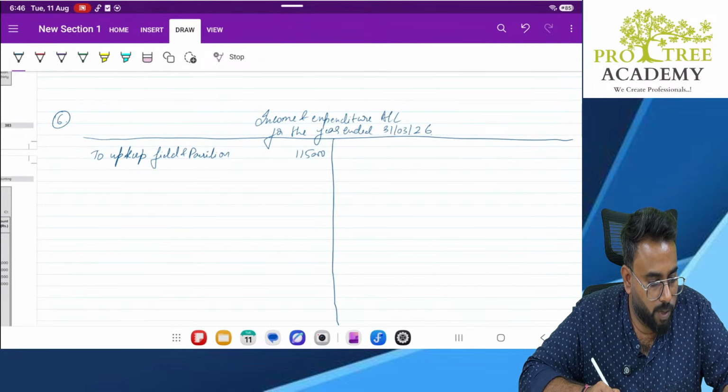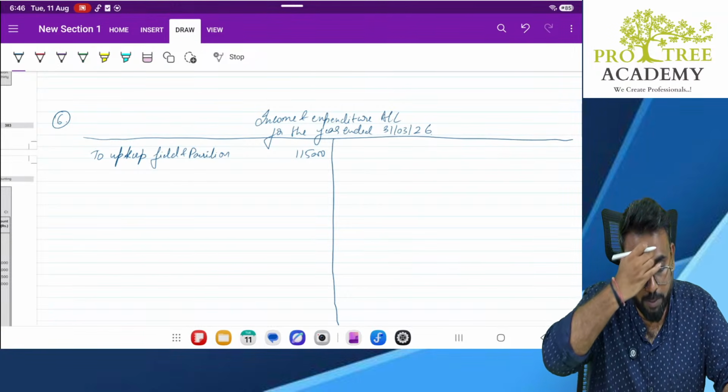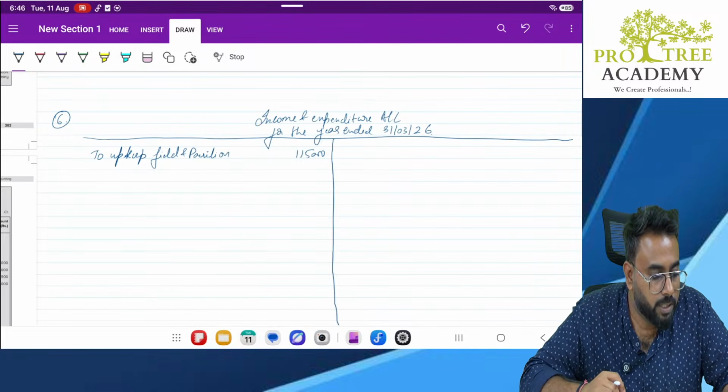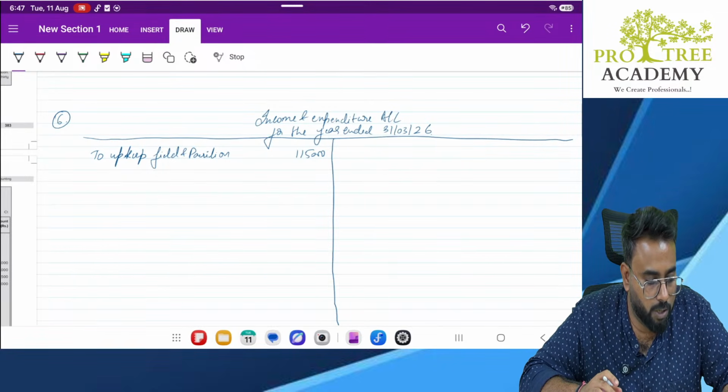Donations and surplus on account of tournament are to be kept in reserve for permanent pavilion. Then subscription due on March was written off, 50% of sports material. They have given all the information, but tournament expenditure they have not mentioned anywhere. They have given subscription for tournament, and they have given tournament expenses. So we will adjust this tournament expenses against subscription for tournament, because they have said donations and surplus on account of tournament are to be kept in reserve for permanent pavilion.